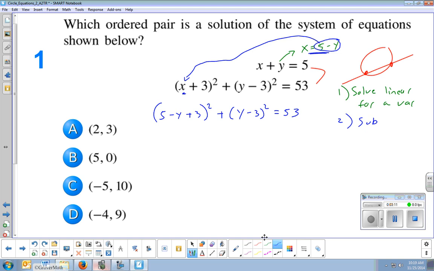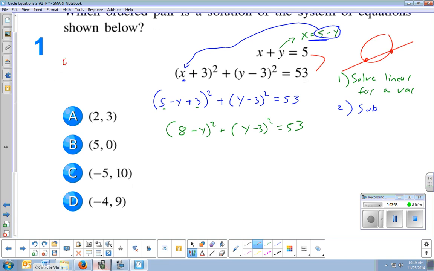Now I'm going to evaluate this. First of all, I can clean this up a little bit. I have a 5 and a plus 3, so I can make that (8 minus y) plus (y minus 3), both being squared, equals 53. Now I can solve this out algebraically by squaring these and evaluating. So 8 minus y squared is a binomial squared, and we've talked about this a lot.